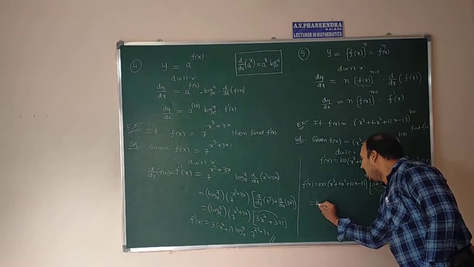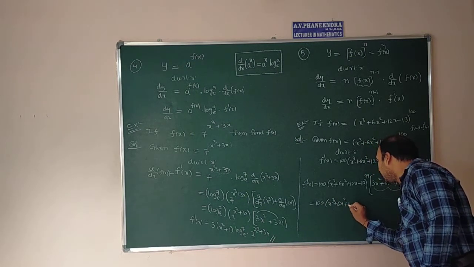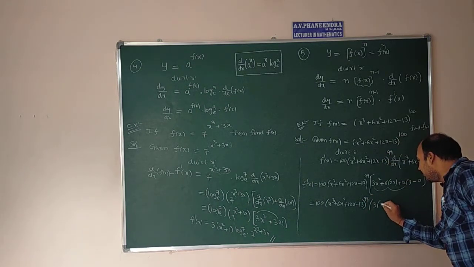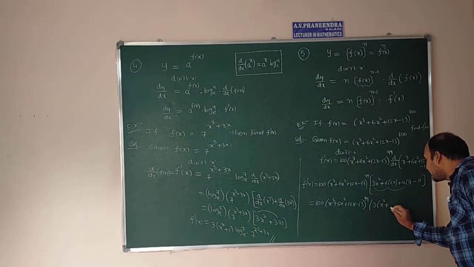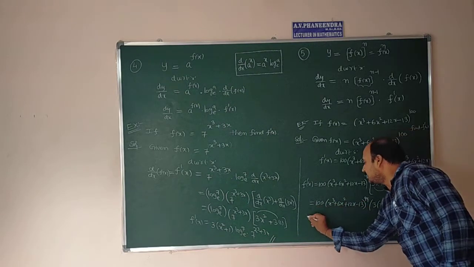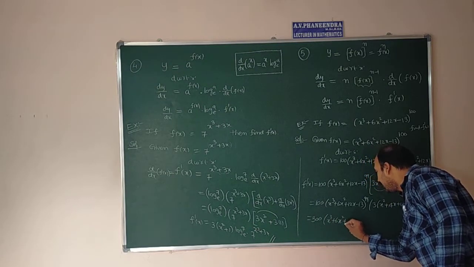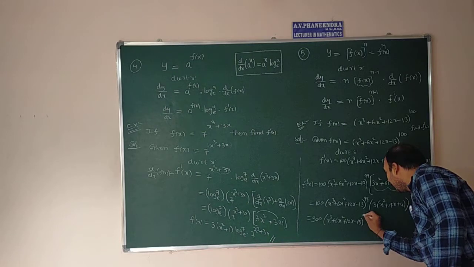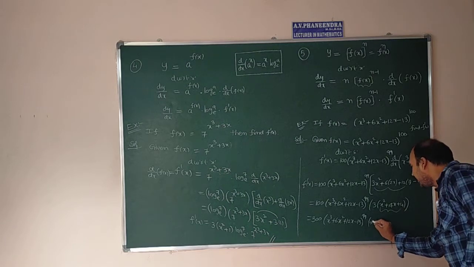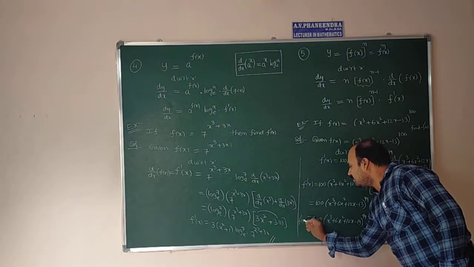So 100 into x cube plus 6x square plus 12x minus 13 whole power 99, and we are taking common 3 from there, x square plus 4x plus 4. 3 into 100 is 300 into x cube plus 6x square plus 12x minus 13 whole power 99 into x square plus 4x plus 4, which is the expansion of x plus 2 whole square. If you don't know means you can leave there. It's not a problem. F dash of x.